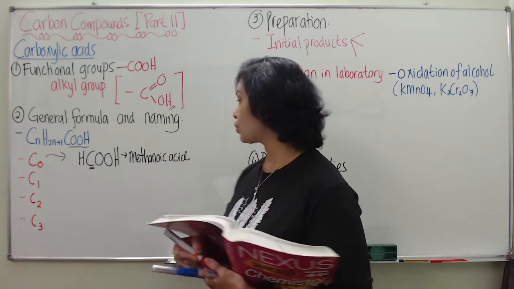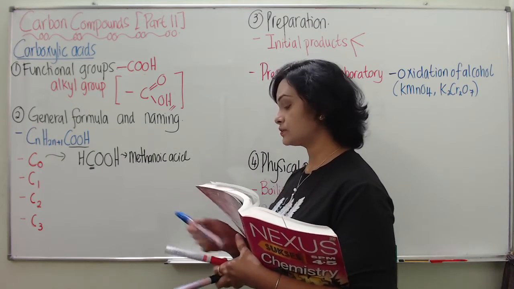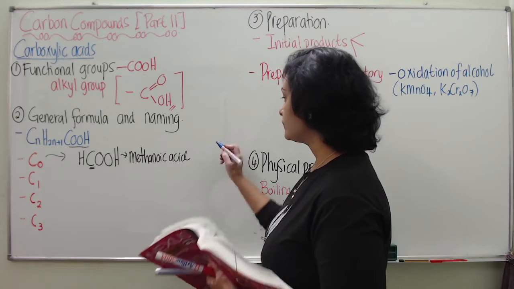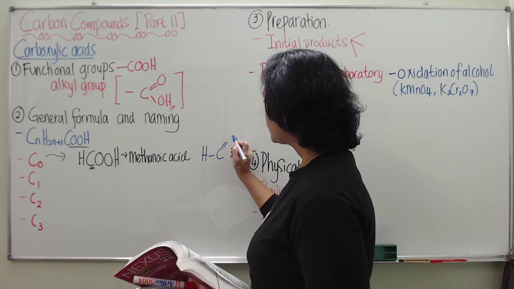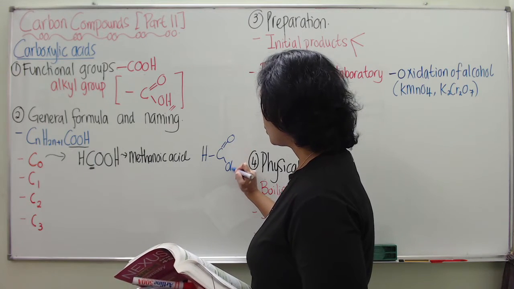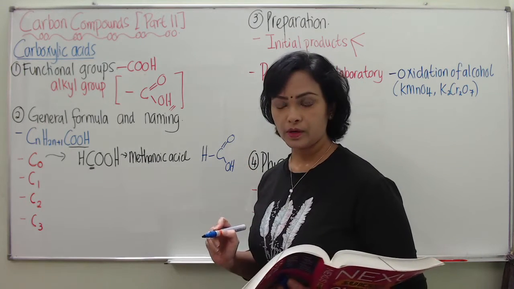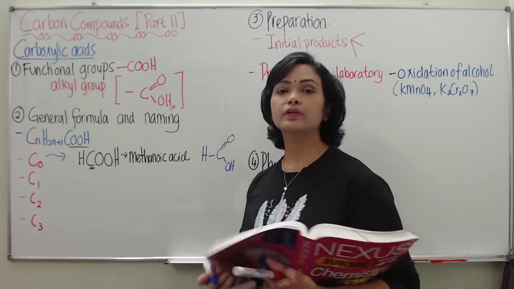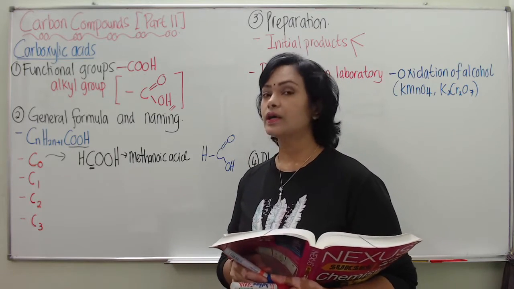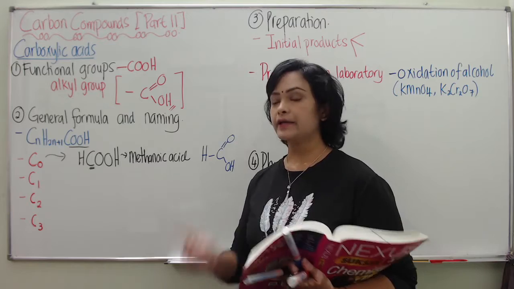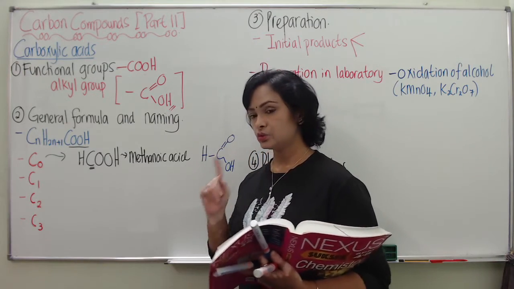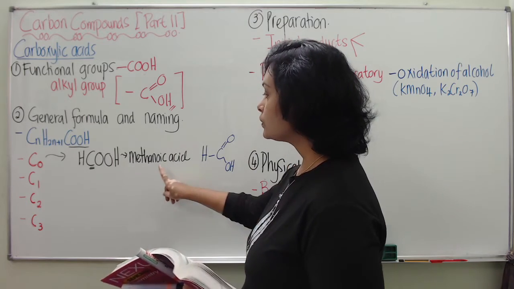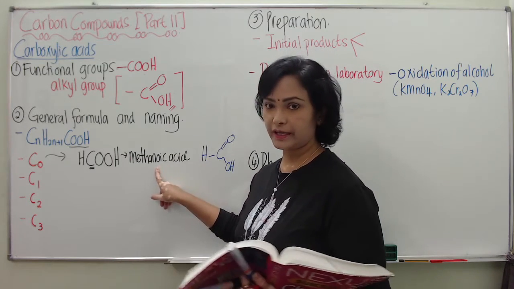And how would you draw the structural formula of this methanoic acid? H, C, O, OH. So this is how we draw. Now I will show examples of one or two carboxylic acids, and another important information is how we name the carboxylic acid.